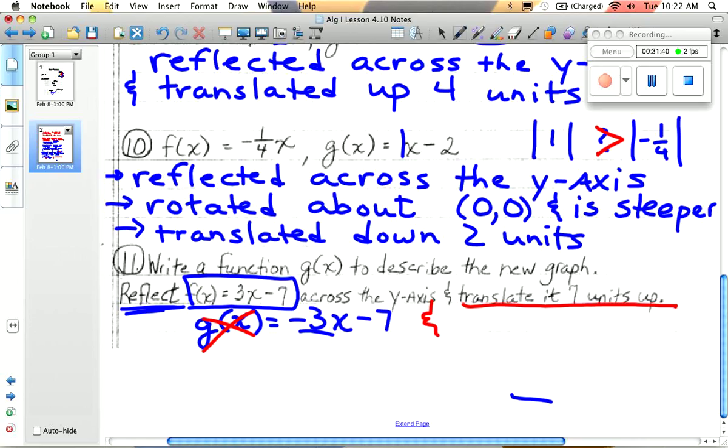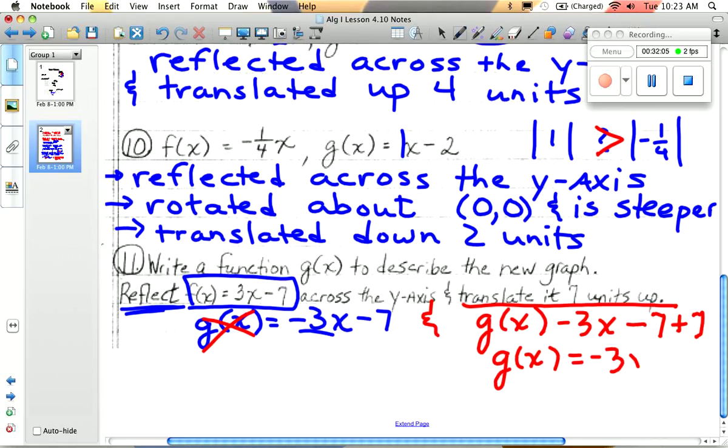Where's it at right now in the f of x? Negative 7. So what we really need is we need to take that, it's minus 7, and we have to add 7 to it, don't we? So if we add 7, what ends up happening? That's 0, so we end up with our function, our g of x is equal to just negative 3x.